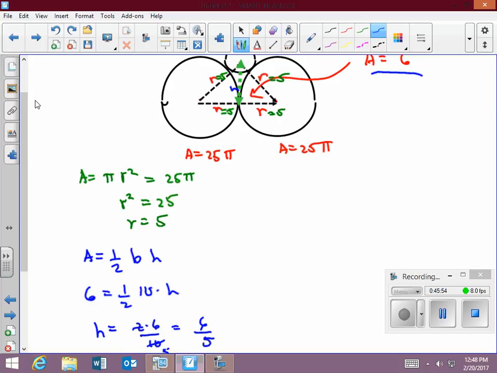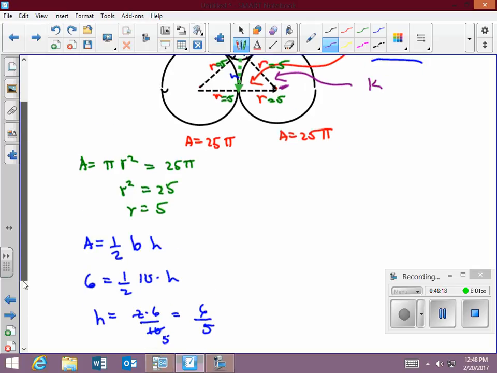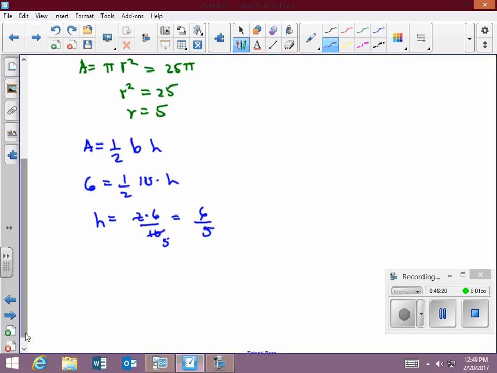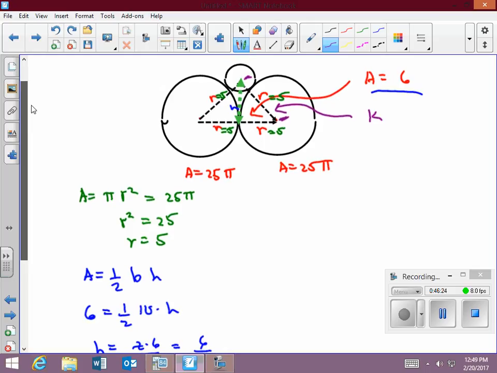Now then, the distance from here to here. There's a right triangle where h is one leg, 5 is the other leg, and that distance, I'll just call it k. It's this distance right in here. So k, and that's the hypotenuse, right?